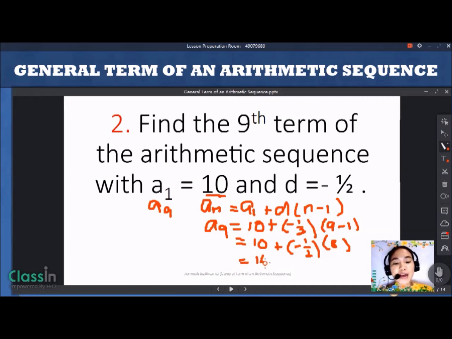So that will give us negative 4. And then adding this to 10, 10 plus negative 4 will give us positive 6. So that is the answer for our second example.